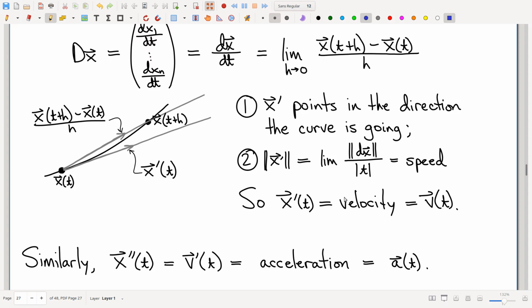In fact, even though they never say this in Calc 1 classes, when you describe how far you've driven along the road as a function of time, you are giving position as a function of time. You are actually describing your motion as a parametric curve. It's a parametric curve in one dimension.